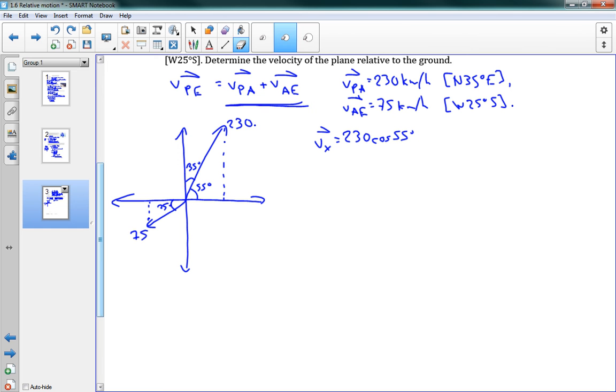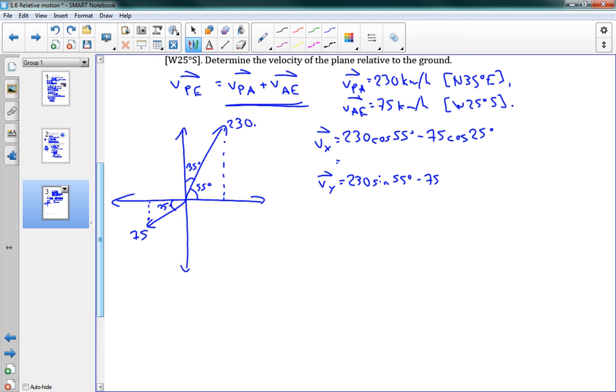That's in the positive direction. Then minus 75 cosine 25 degrees. And you'll get the result there. We can get the y velocity is going to be 230 sine 55 degrees. That's positive. And again, the other one is going downwards, so we have minus 75 sine 25 degrees.